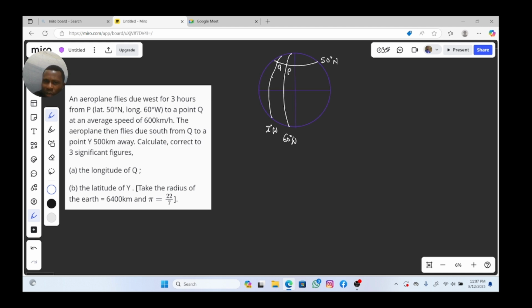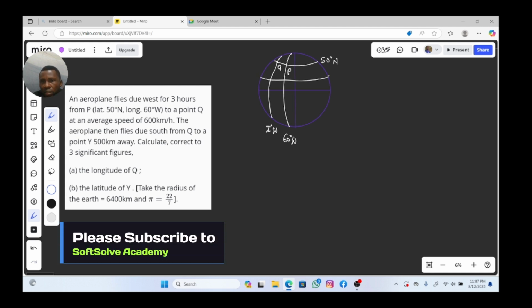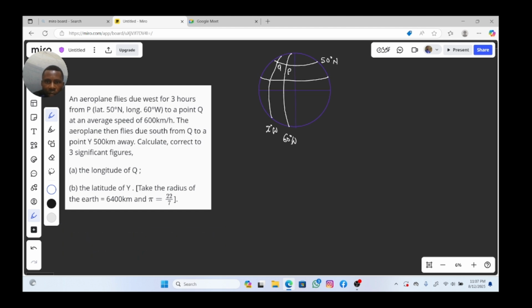So it is not a big distance, so it's still in the northern part of the earth. So this will move down to a point here, so I can call this particular place Y. So this particular latitude, I don't know the value, so I can call it Z degrees north.